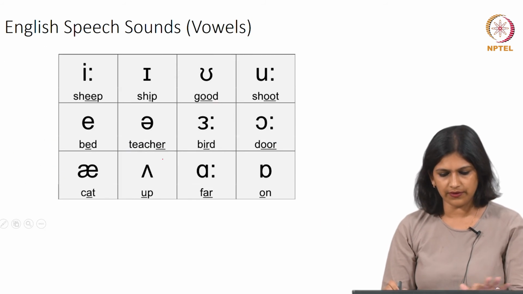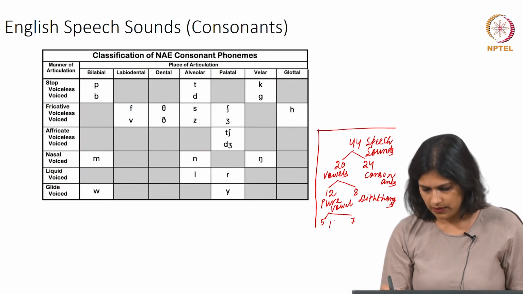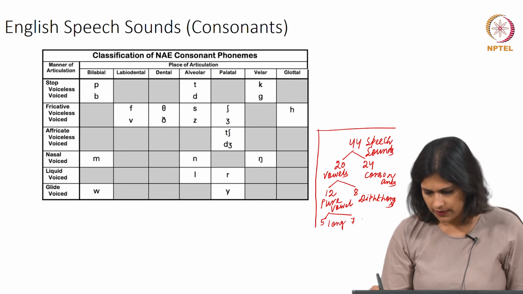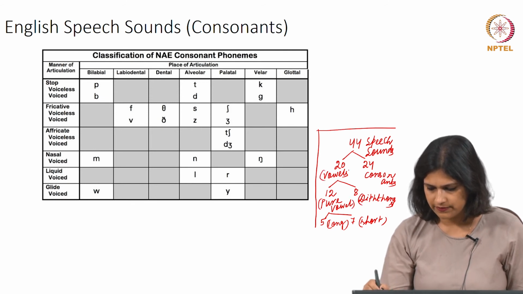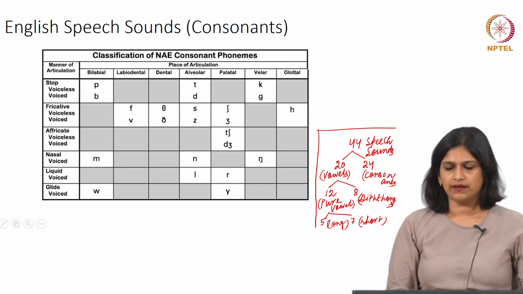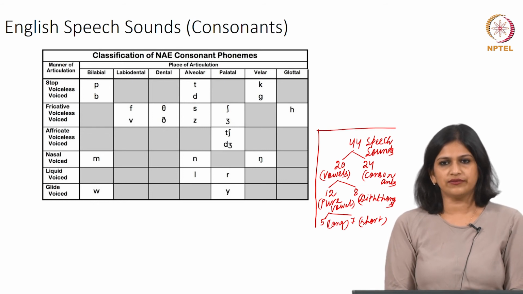So 5 would be your long vowels, 5 long and 7 short vowels. Okay. I want you to remember this definition by heart. So this is the division of the English speech sounds, right.